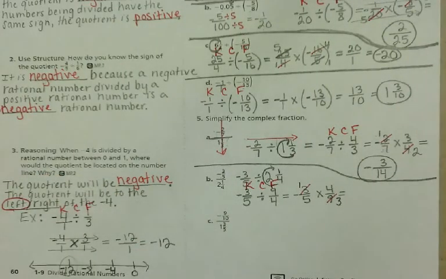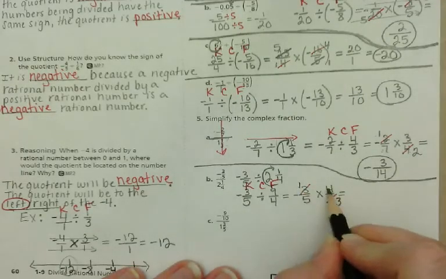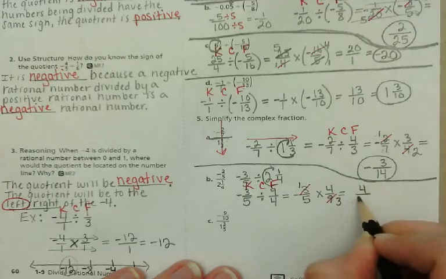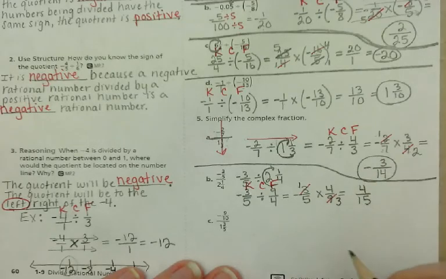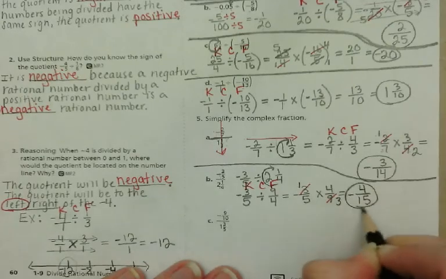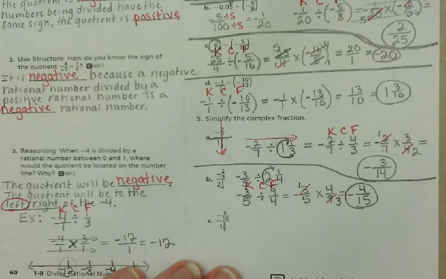I divided the 3 and the 9 by the common factor of 3. And now I can just multiply across. So 1 times 4 is 4. 5 times 3 is 15. When I check my original signs, I see that I'm dividing opposite signed rational numbers. So my final quotient will be a negative 4/15.